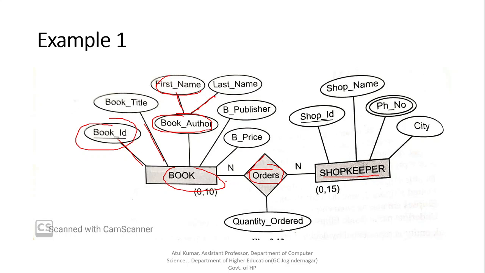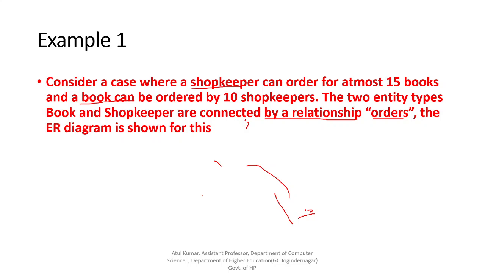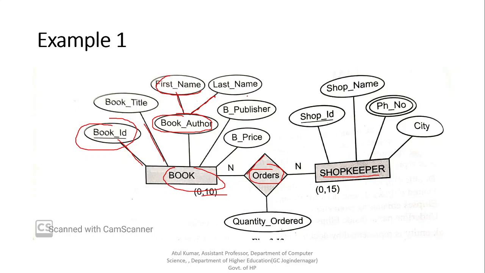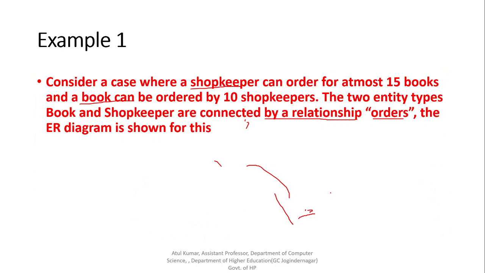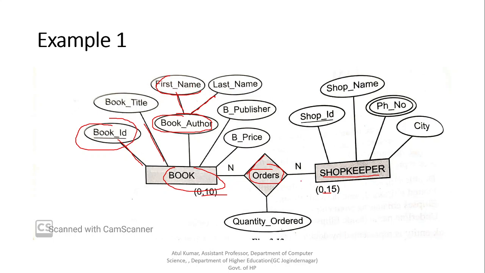Also the cardinality is 0 comma 10. That means a book can be ordered by 10 shopkeepers. And on the right hand side the cardinality is 0 comma 15. This means a shopkeeper can order at most 15 books.